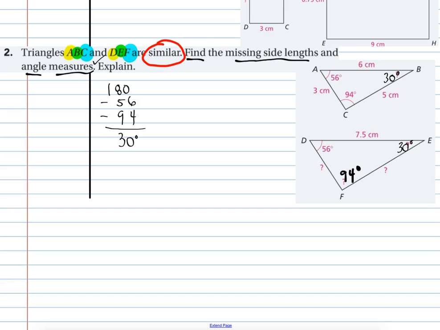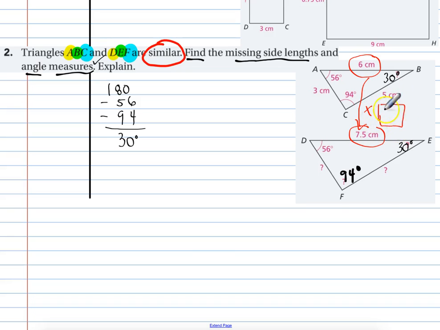What I know is that we have some matching pairs. The longest side, the second longest side matches the second longest side. So there should be some connection here. Whatever I multiply by, this is my scale factor, that's the number I want to use.